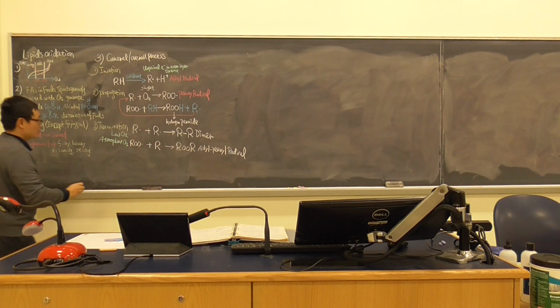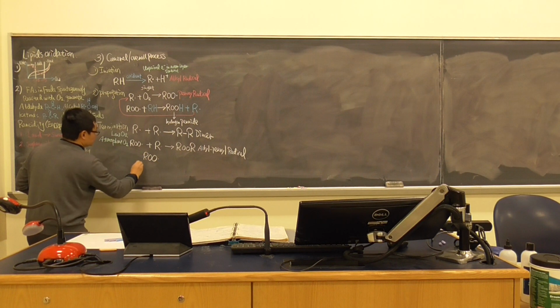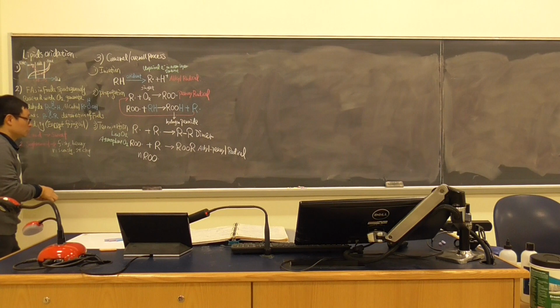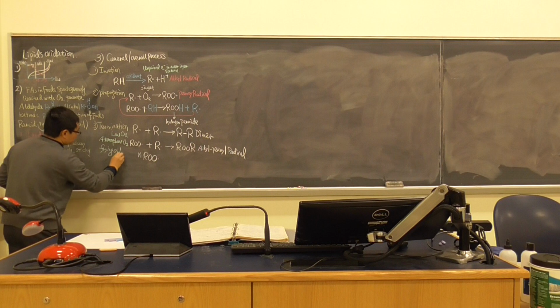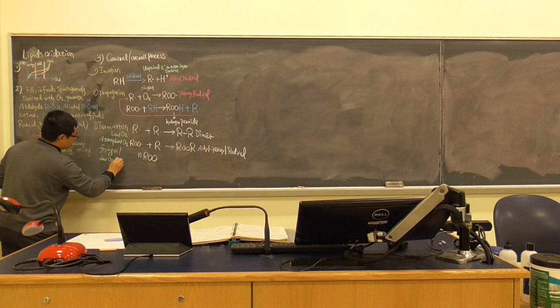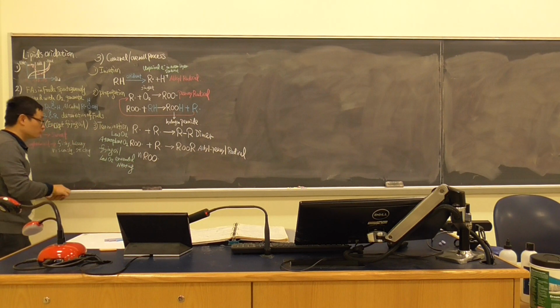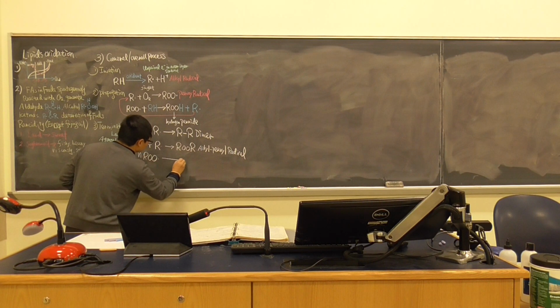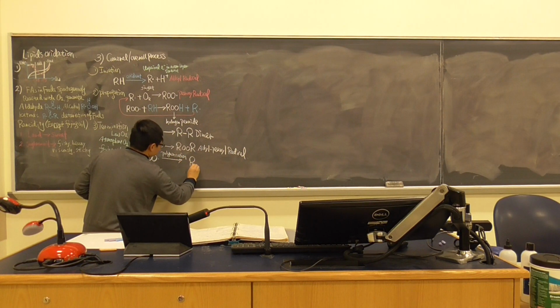Now last, if you have this guy, ROO, in a certain condition, let's say in frying oil, we have a lower level of oxygen. However, we have an extended, very long heating time, which means a very high temperature. Then what happens? They will go through a polymerization process and generate a polymer.